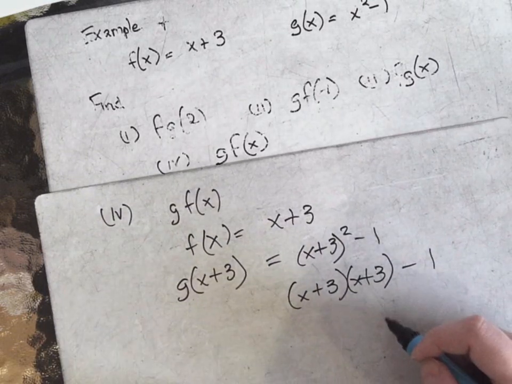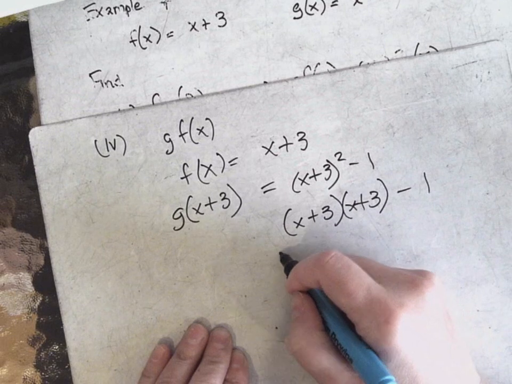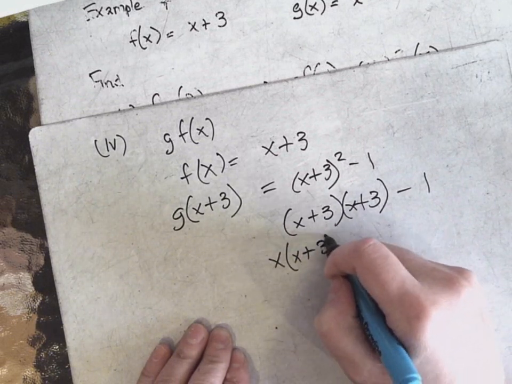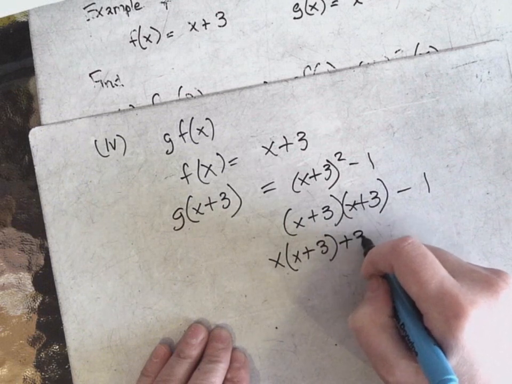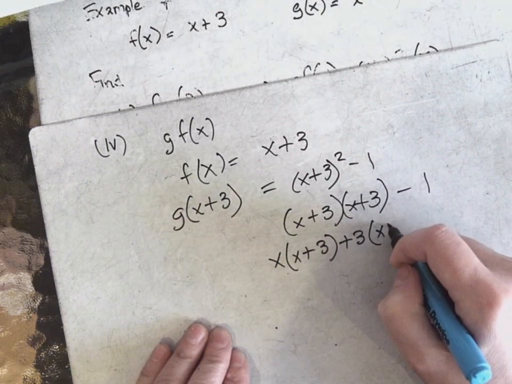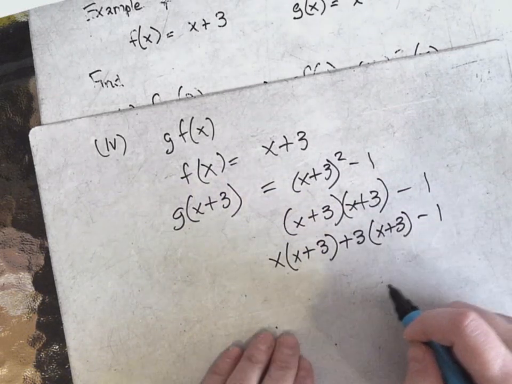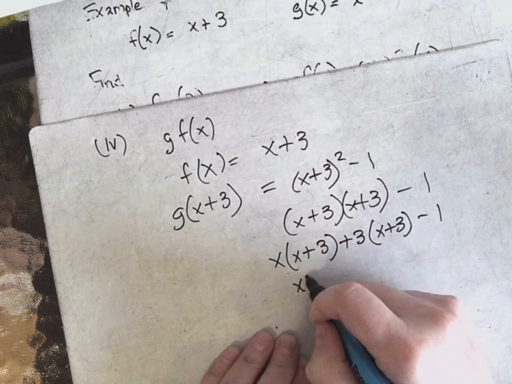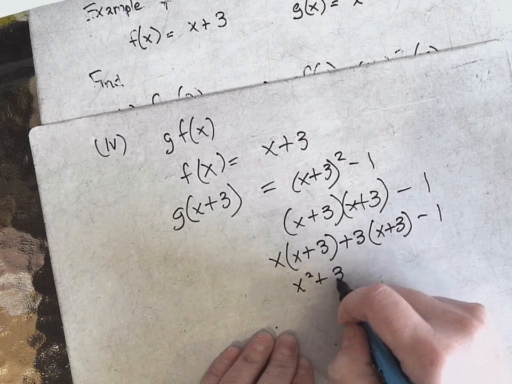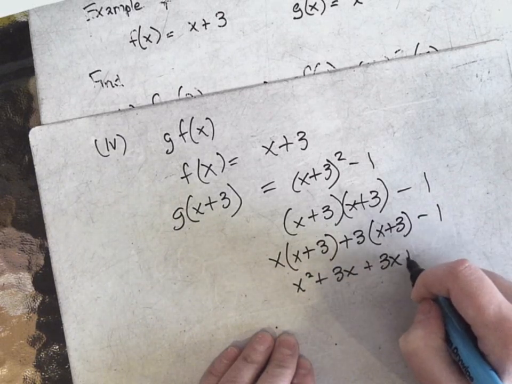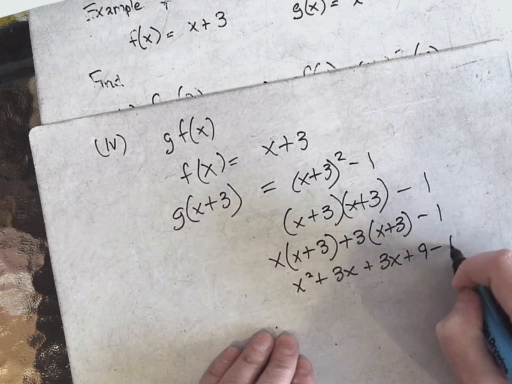To multiply out two sets of brackets, you split up the first bracket, write the second bracket down twice. So it's x times x plus 3, plus 3 times x plus 3, minus 1. Multiplying out, that's x squared plus 3x plus 3x plus 9, and there's a minus 1 at the end.